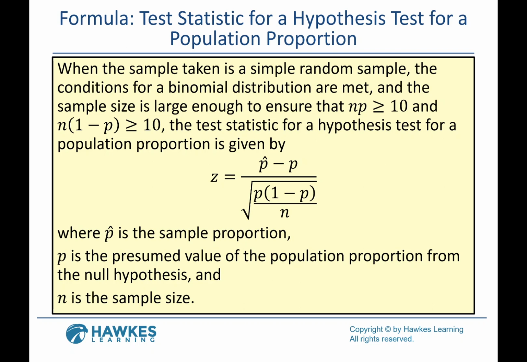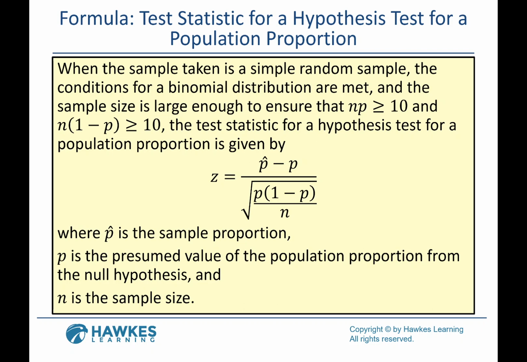Just like with confidence intervals, when we're dealing with proportions, that's really binomial data. What we're going to do is use the normal distribution, because remember I mentioned if we have certain conditions, then for the binomial distribution, we can use a normal distribution in its place.